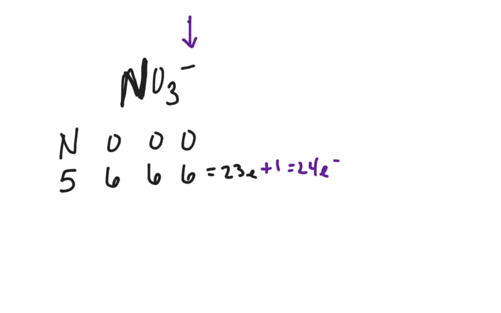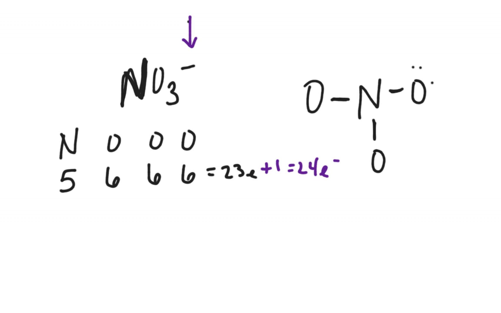Nitrogen is the one that wants the most bonds, so I'm going to start it in the middle, and I'm going to put my 3 oxygens off of it. And then I'm going to start adding electrons. So I've got 2, 4, 6 electrons. I'm going to keep adding electrons until I get all the way done.